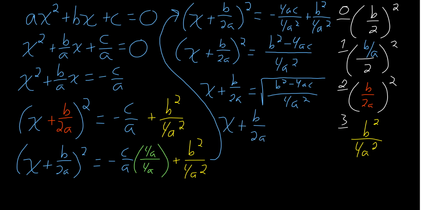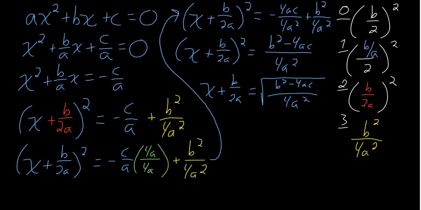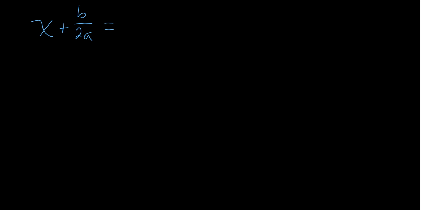Plus b over 2a is equal to the square root of, and I'm going to go ahead and write this on the next page, to keep this somewhat pretty. x must be over 2a. So, shoot, I can't remember. Okay.